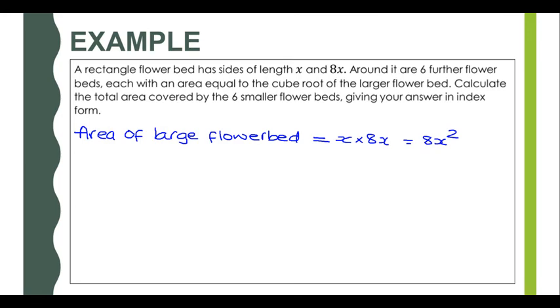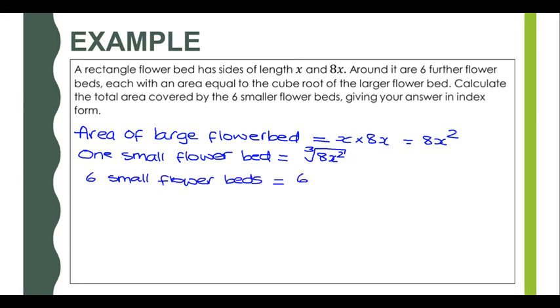We can then work out the area of one small flower bed, which is equal to the cube root of the large flower bed. But we have 6 of these, so the area of 6 small flower beds are equal to 6 times the cube root of 8x squared. So this is what we want.